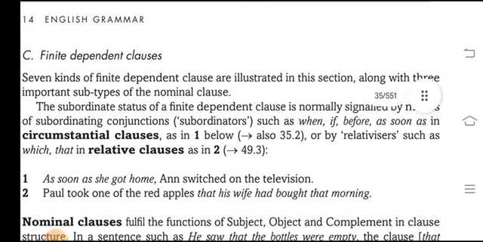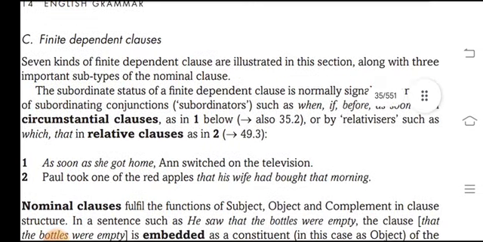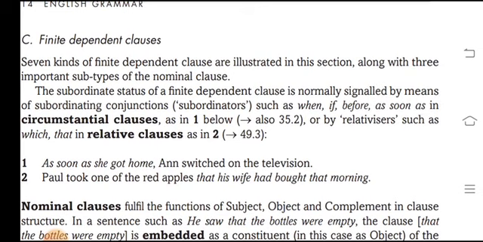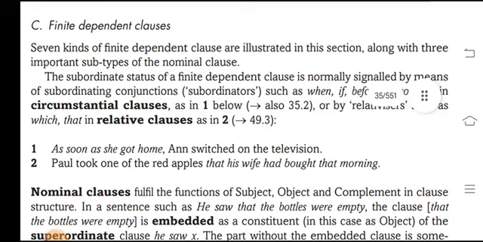Finite dependent clause: seven kinds of finite dependent clause are illustrated in these sections, along with the three important subtypes of the nominal clause.